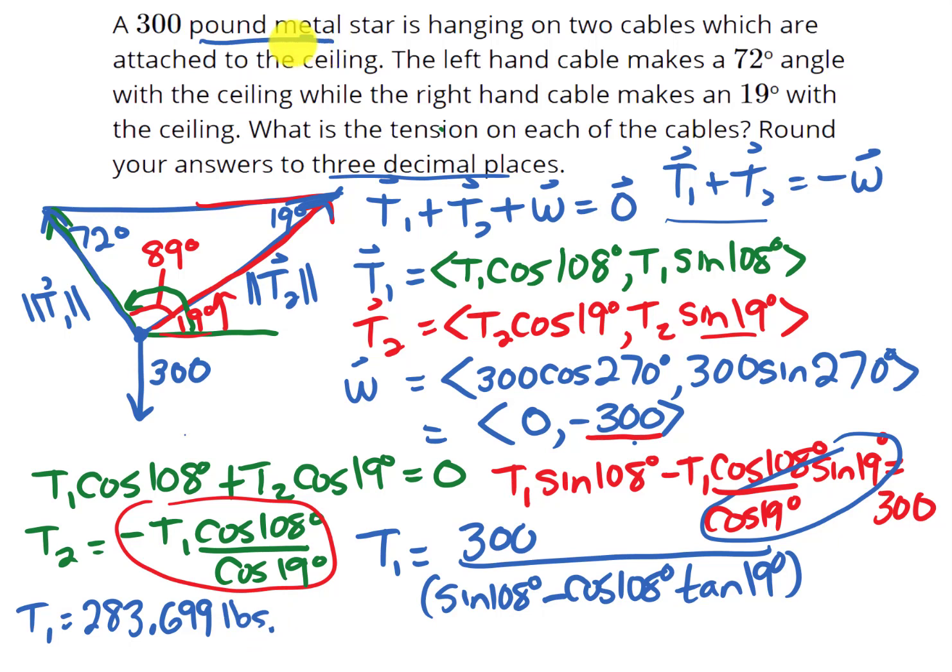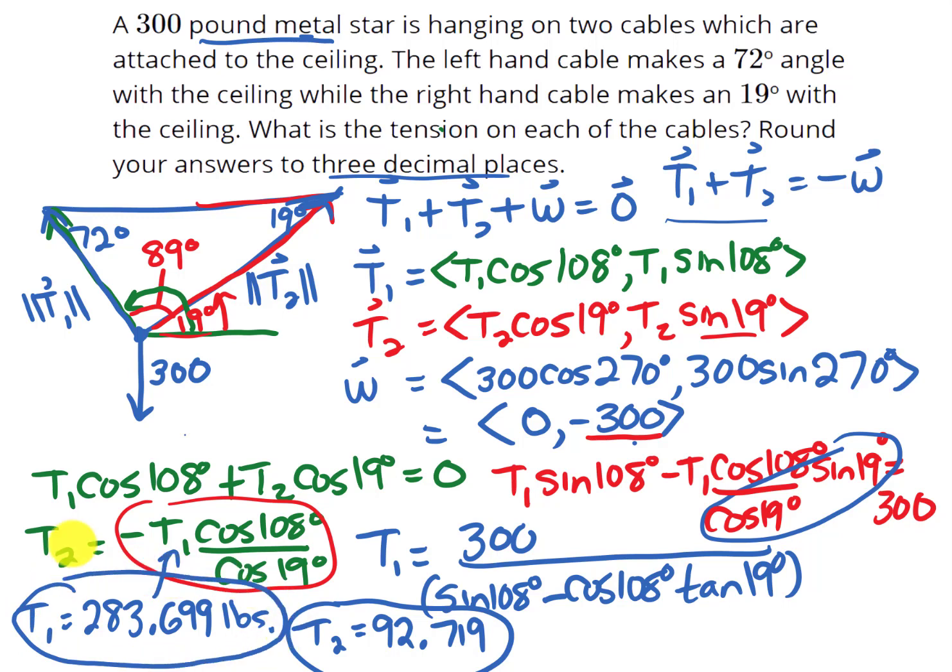So there's our first answer, and then I find T2 by putting that answer in right here and taking the negative of it, multiplying it by cosine 108 and dividing that by cosine 19, and I get the tension on T2 is 92.719. And again, pounds.